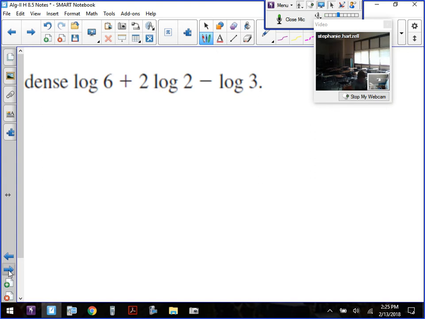I do that by throwing it in parentheses, especially if there's 2 parts to the denominator. You normally don't see it if there's just 1 part in the denominator. So if I have log of 6 plus 2 log of 2 minus log of 3, again, this is one of those that has the common log. They're all base 10. So by putting it all back together, we get log of 6 times 2 squared over 3.